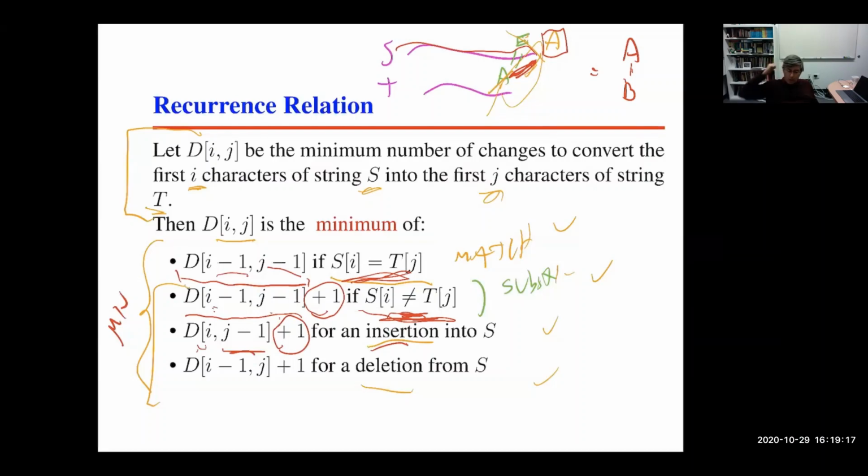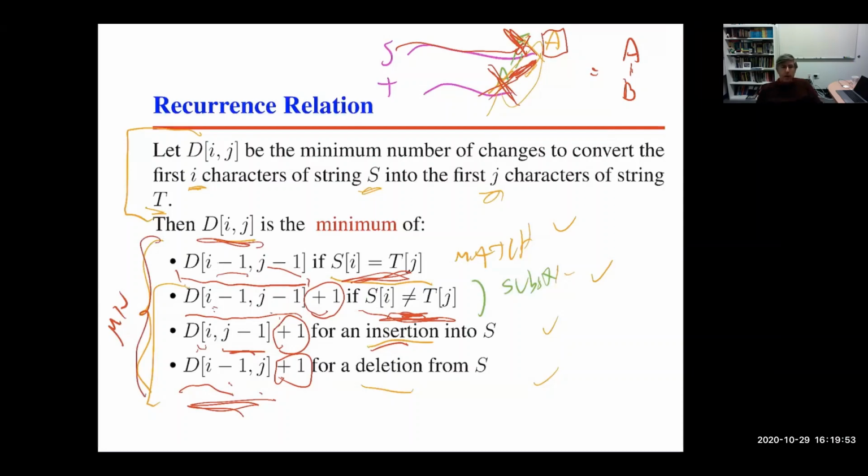Or I could choose to delete a character from the top string. If I choose to delete it, I pay 1 for that deletion, and I now have the problem of matching everything on the top except the last character to everything on the bottom. The cheapest way to edit the entire strings together is the cheapest of these four possibilities.